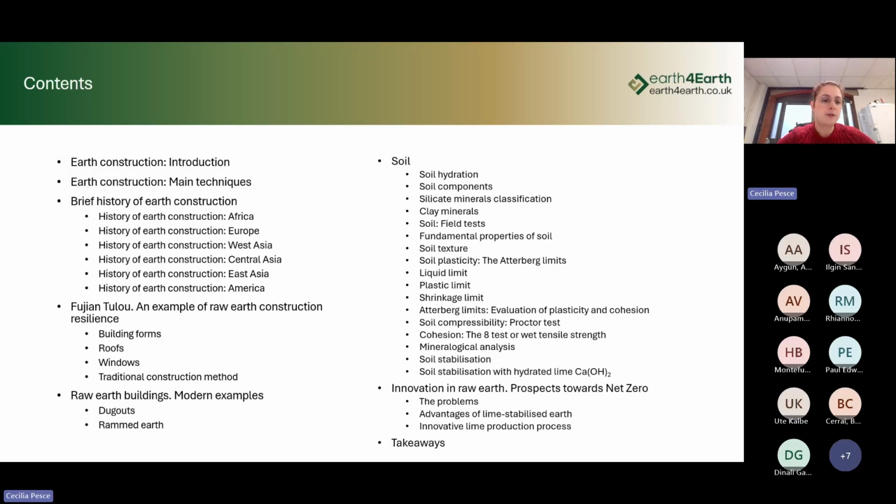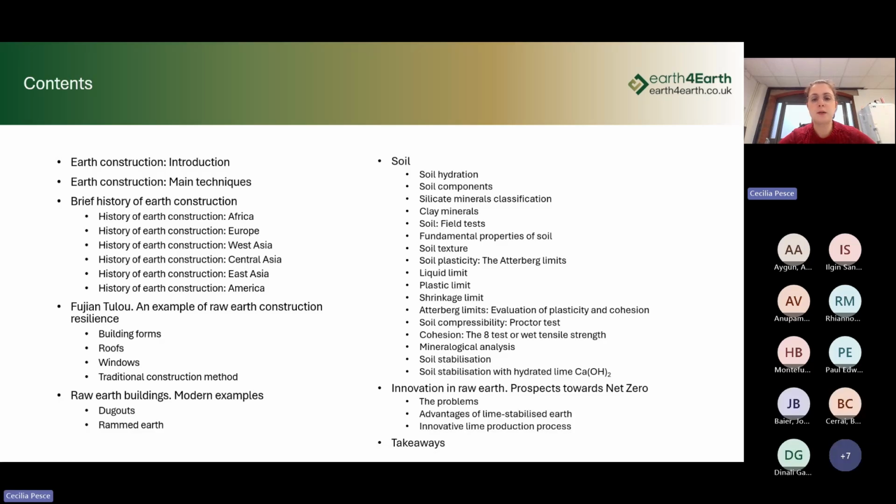A chapter about an example of earth buildings that are the Fujian Tulou in China, which are a really good example of raw earth construction resilience.